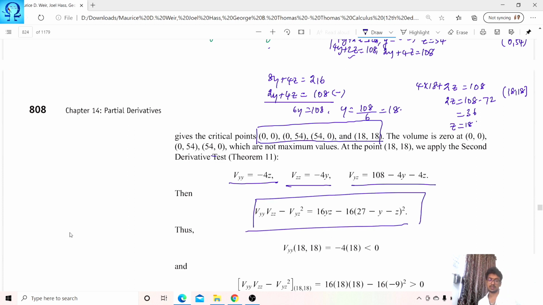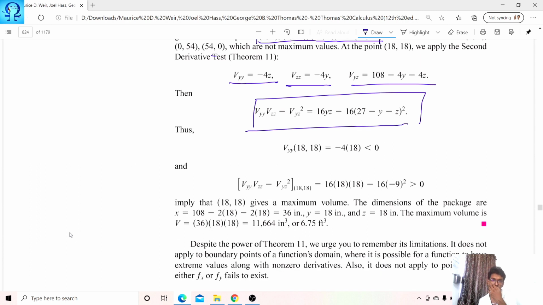Here they have found the discriminant value for the general case and substituted this point, and that is a positive one. Here the first variable is y, and that is why they have checked it for y, and that is negative. Therefore we come to the conclusion that this point gives us the maximum value. So that is happening when y is 18, z is 18.